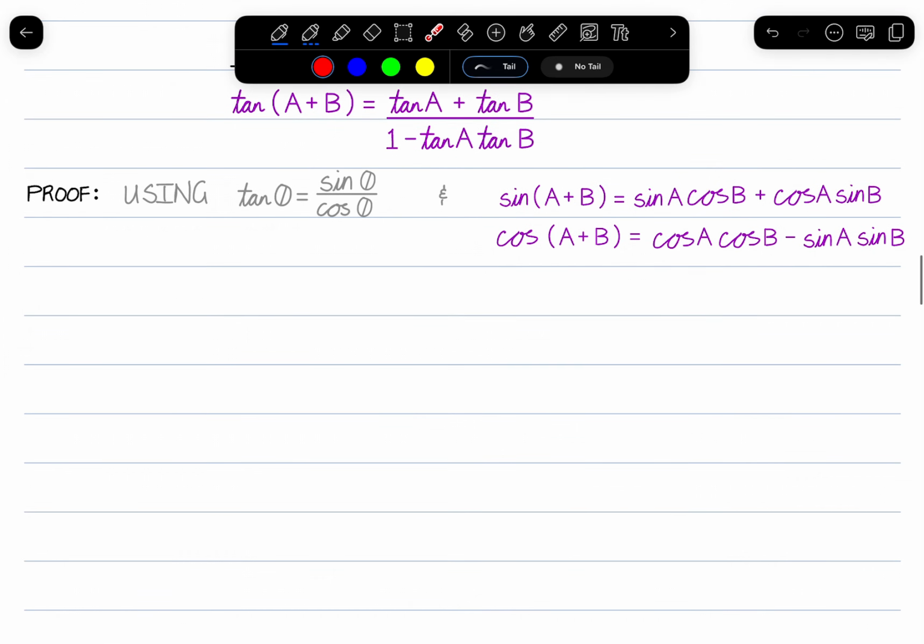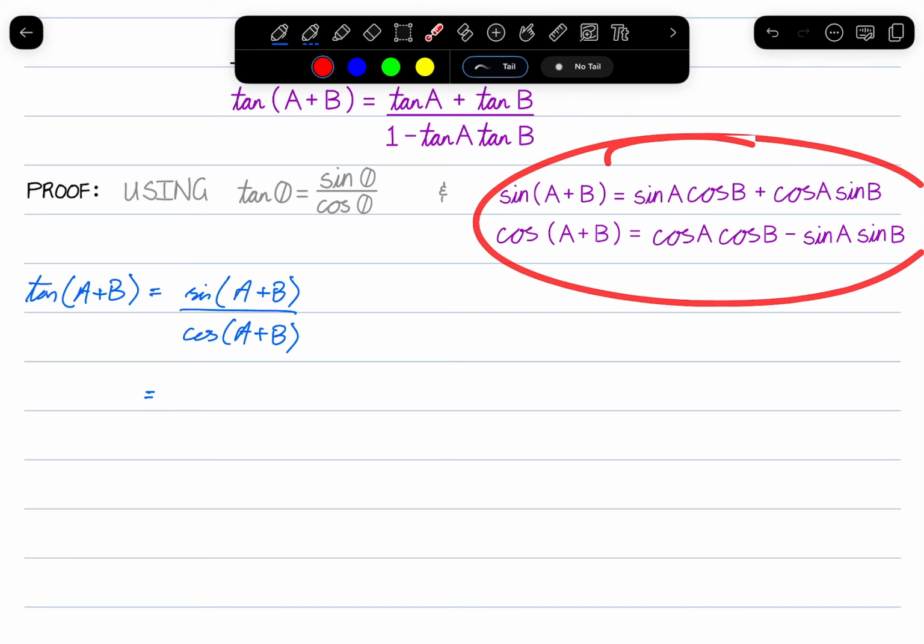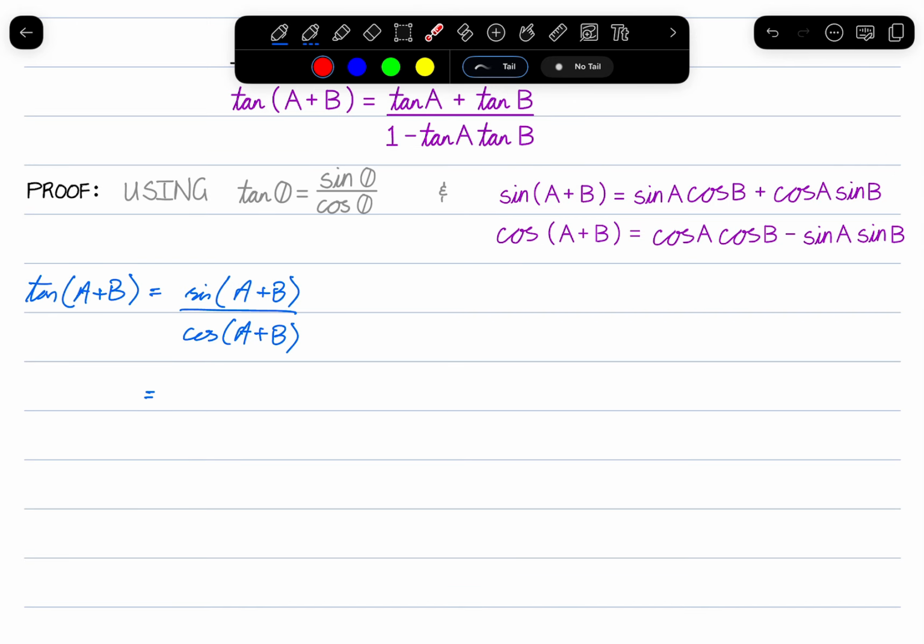is sine over cos. So using that simply, if I do tan of a plus b, that just simply means sine of a plus b over cos of a plus b. Now, just using the pre-established proofs that we've seen of these identities, sine of a plus b is this identity here.